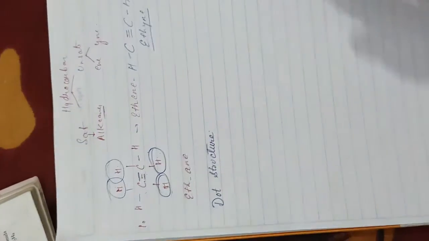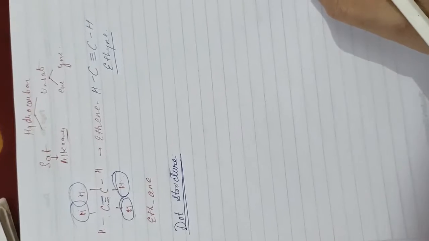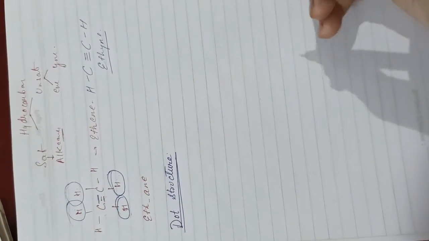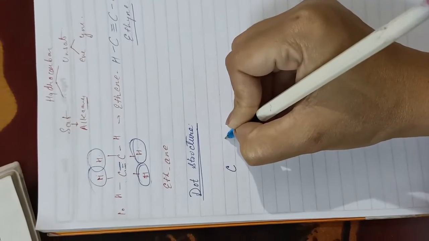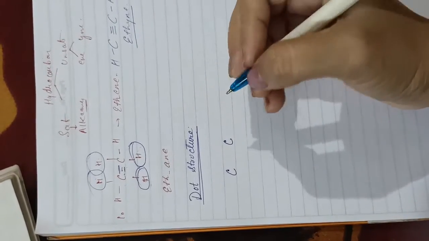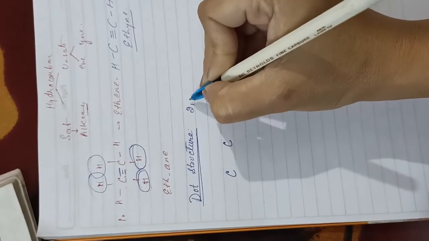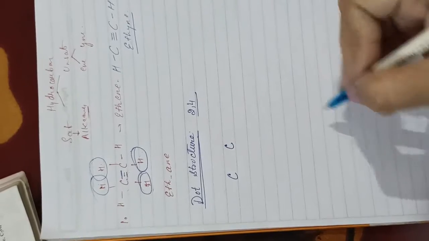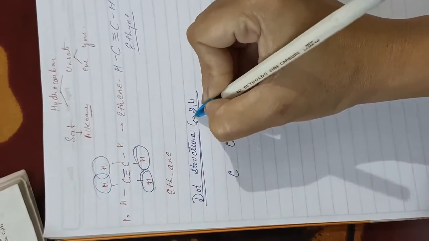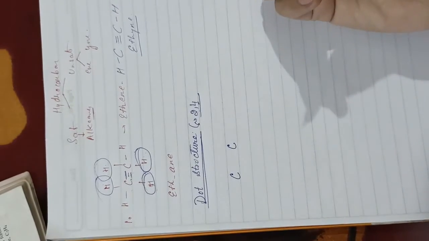Please don't be confused in this dot structure diagram. In a dot structure, I am using one carbon and another carbon. The electronic configuration of carbon is 2, 4, with atomic number 6, and 4 is on the last side.